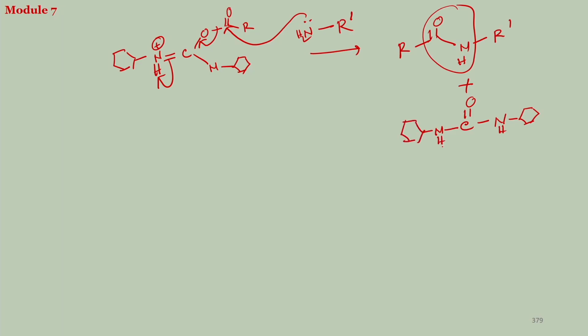If this is NH2, then this is urea. So, this is a derivative of urea. That comes out as the byproduct of the peptide coupling. So, this is your coupled peptide. So, that is one.